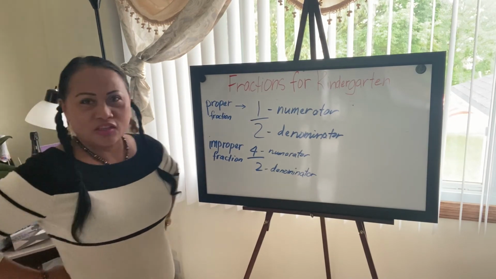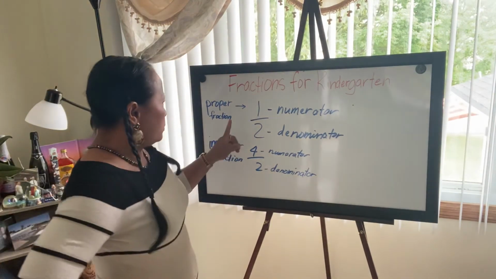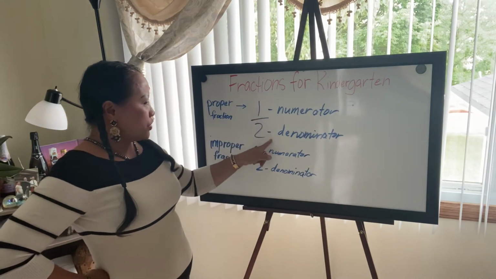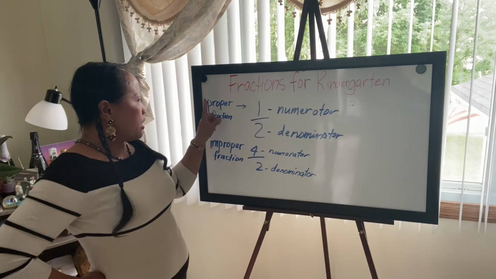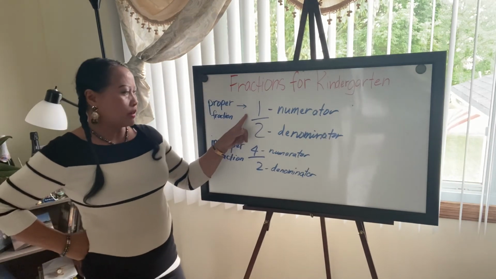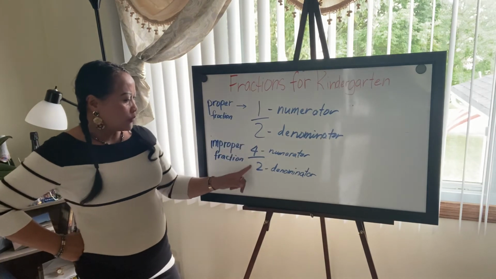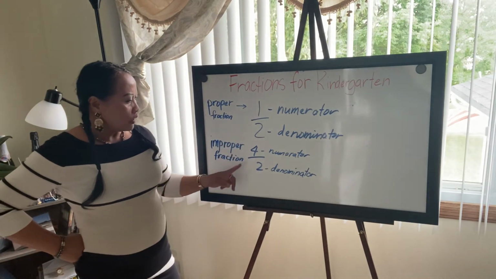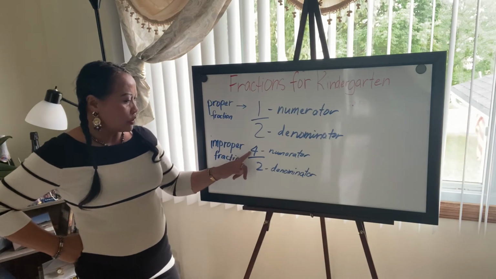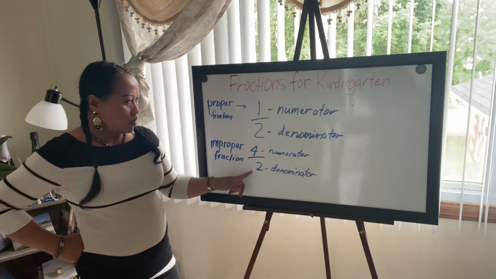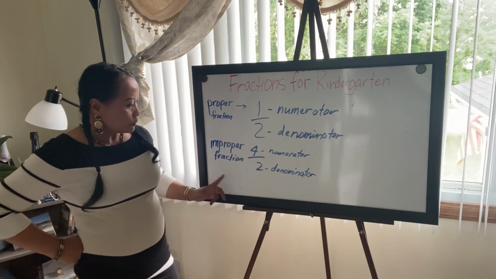The important thing is you understand our lessons. 1/2 is a proper fraction because the numerator is less than the denominator. This fraction is called an improper fraction because the numerator is greater than the denominator. So, big, small. Small, big.